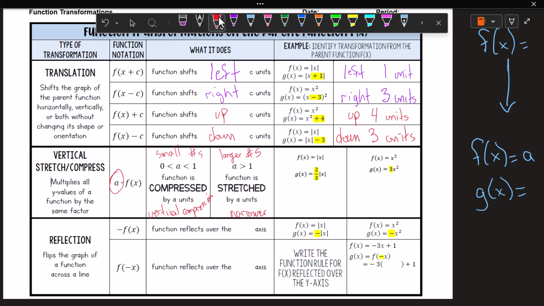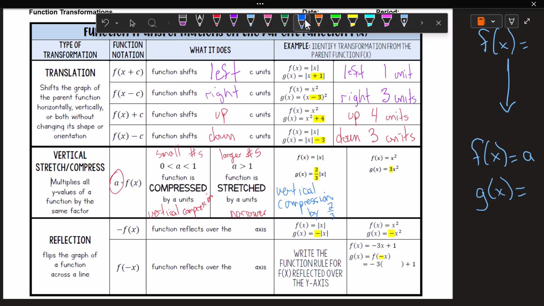So if we're comparing f of x equals absolute value of x to g of x equals 2/3 absolute value of x, well, 2/3 is smaller than 1. It's a small number. So that means that we got wider. So let's put it this way, a vertical compression, and then say the factor, 2/3.